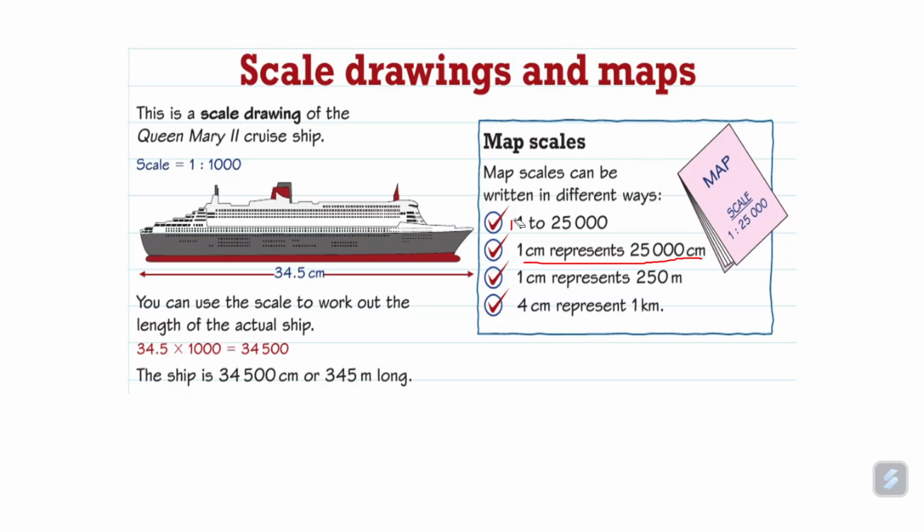You need to be aware of what you are doing. We call this a scale. You will always be given a scale. The scale tells us the shape of the ship in real life and on paper.